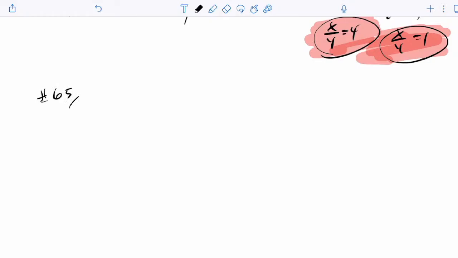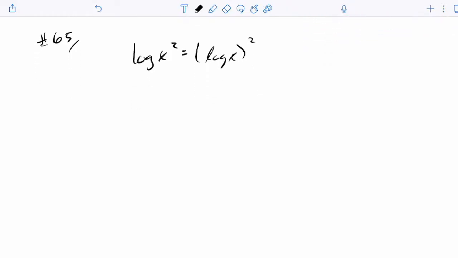So 65 is log of x squared equals, in brackets, log of x all squared. For 65, the idea, like we've done several times, is that on the left hand side you can drop the 2, and on the right hand side you cannot.